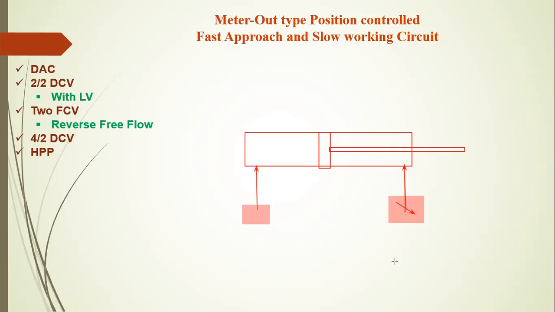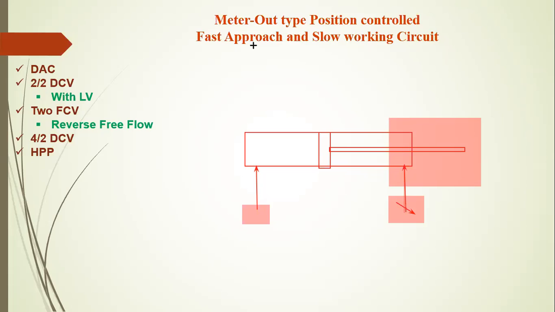If you give it on the outside, or retract side, that is called a meter out circuit. Here we give the additional attachment at the other side of the double acting cylinder, so that is called a meter out type position control, fast approach and slow working circuit.